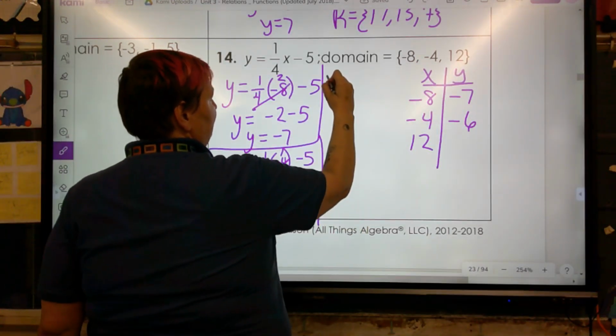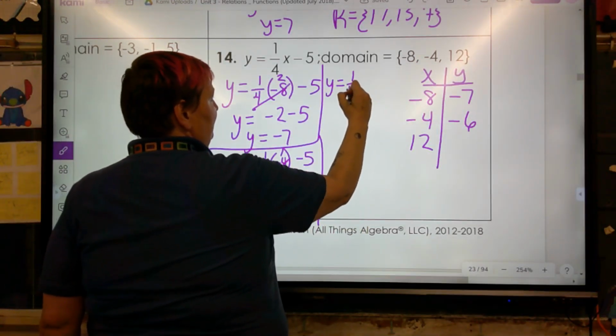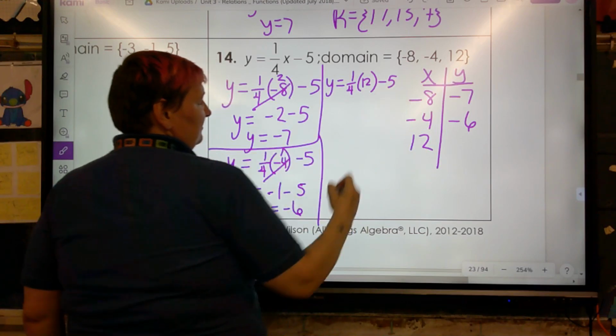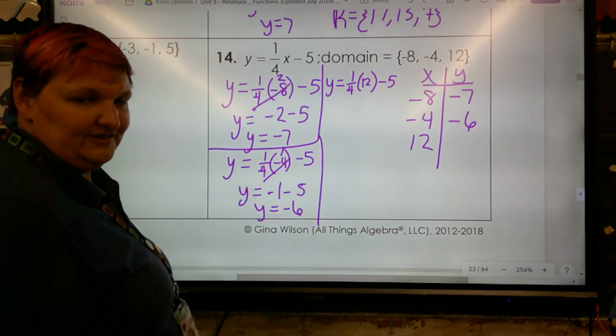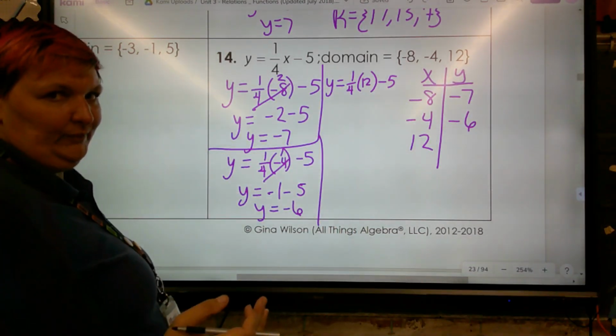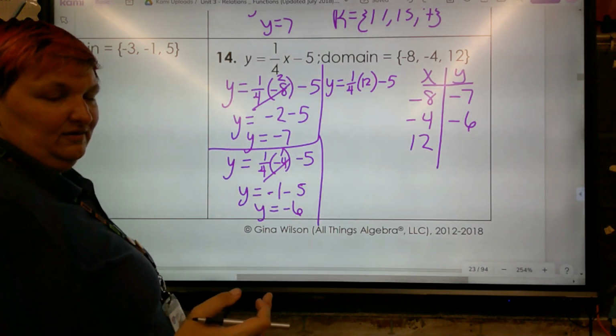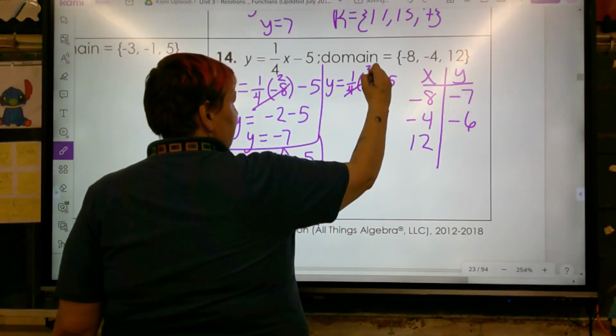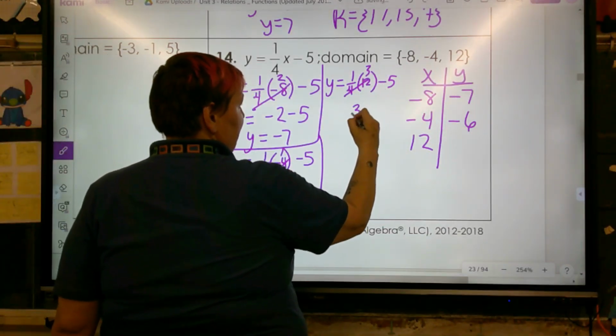And then 12. Y equals 1/4 of 12. 1/4 of 12 is the same as 12 divided by 4. Which is 3. 1 times 3 is 3.